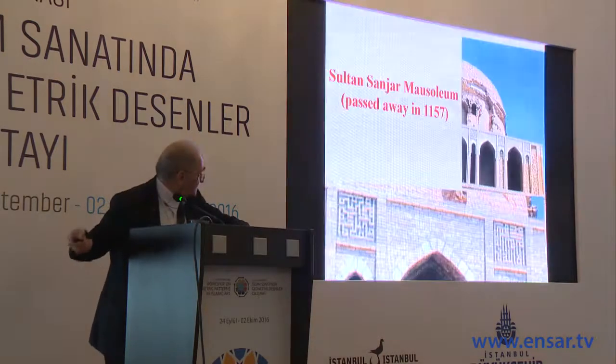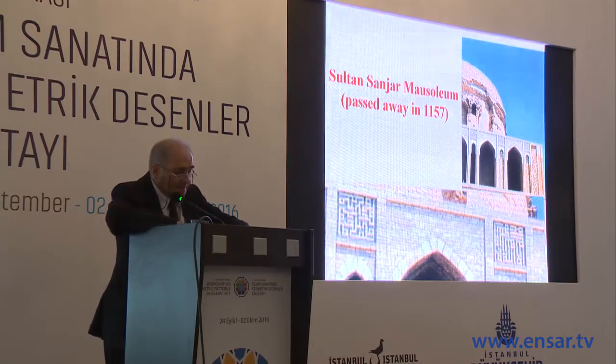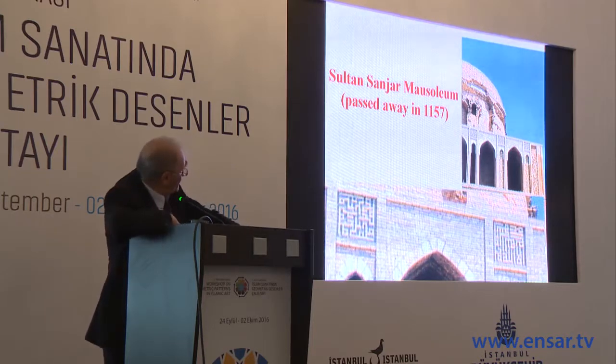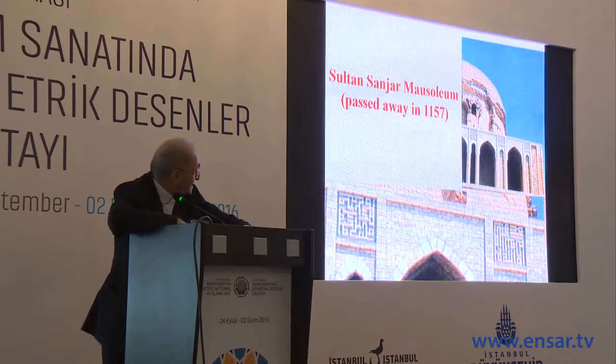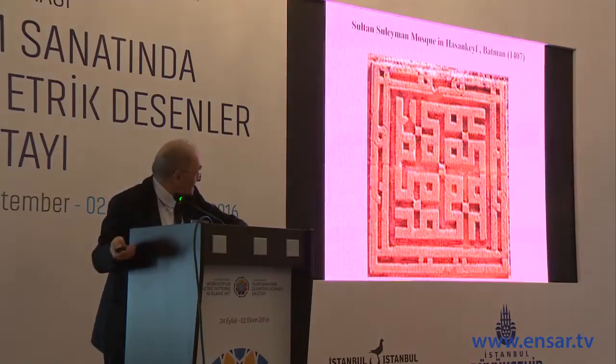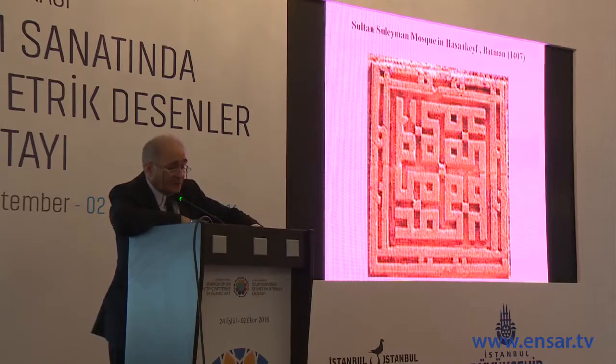Same pattern, which consists of 4 Muhammad words, ornaments the wall of Sultan Süleyman. The same pattern is used on the Sultan Sanjar shrine, passed away in 1157 in nearly the city Merv. Another pattern which consists of 4 Muhammad verse ornaments the wall of Sultan Süleyman Mosque in Hasan Cave.